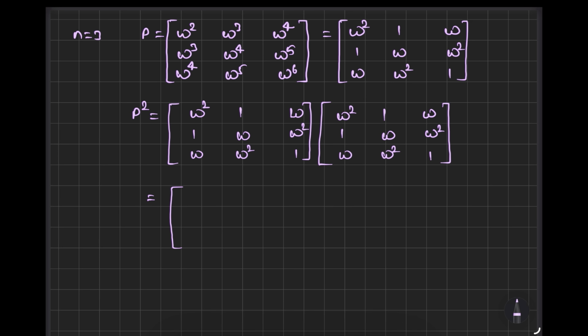Now let's multiply. A11 is first row with first column: omega power 4 plus 1 plus omega square.